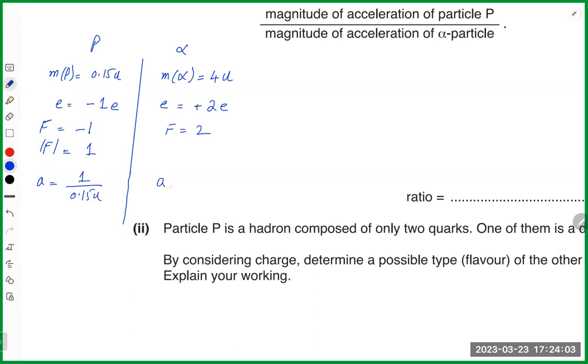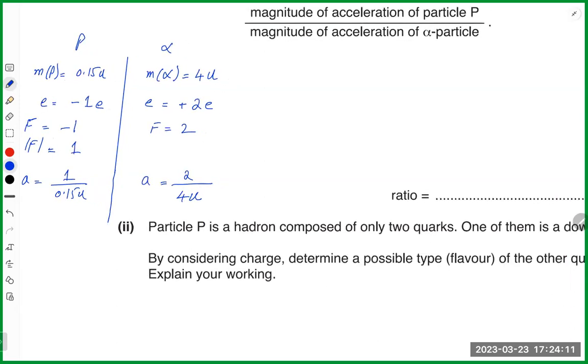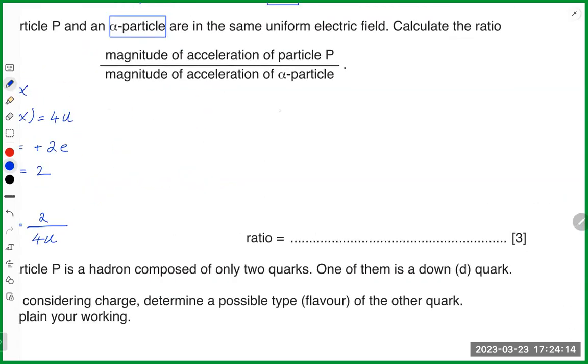Acceleration of alpha equals force over mass. So the acceleration of P is 1 over 0.15 U divided by 2 over 4 U. So it becomes 1 over 0.15 U multiplied by 4 U divided by 2.